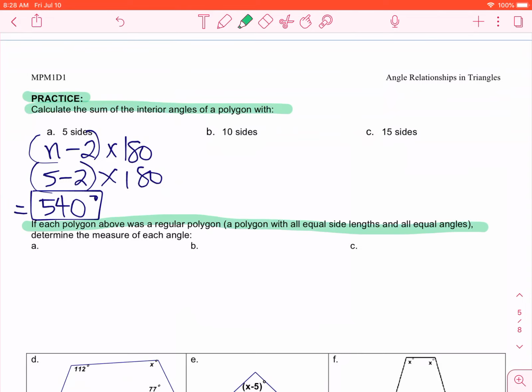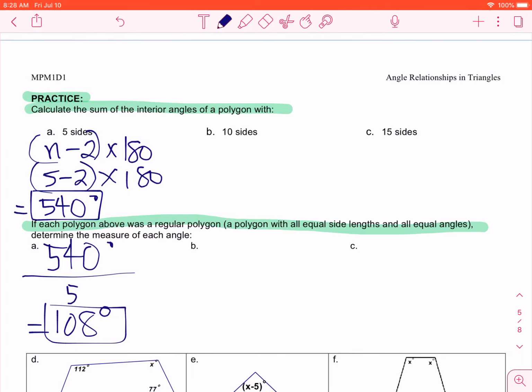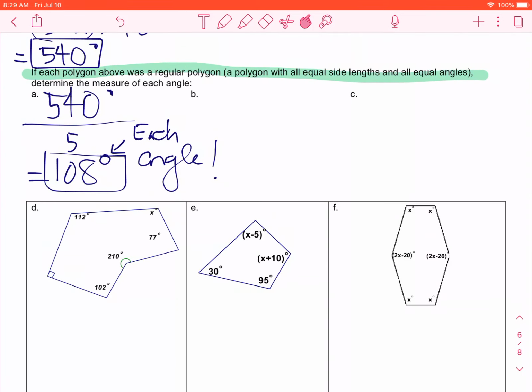So in this case, we would take the sum of interior angles, in this case 540 degrees, and just divide by how many sides that polygon has. That will tell me what each angle would actually be. So each angle. Neat.